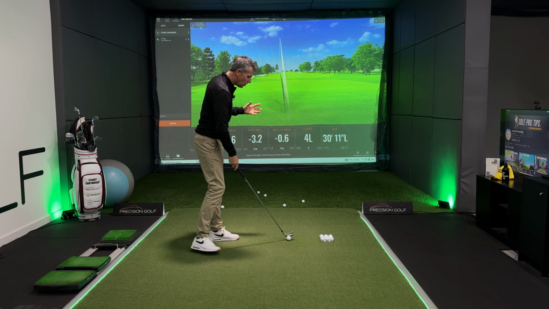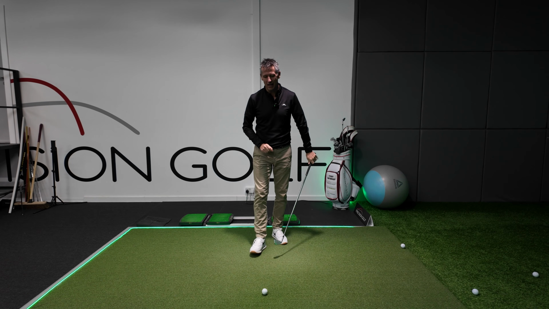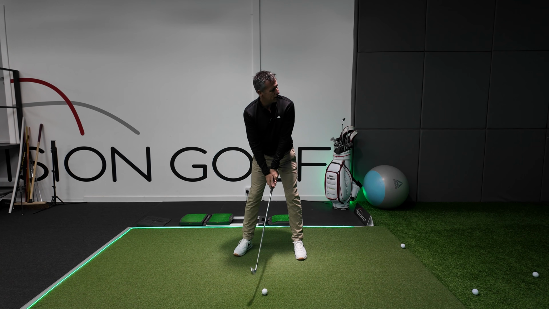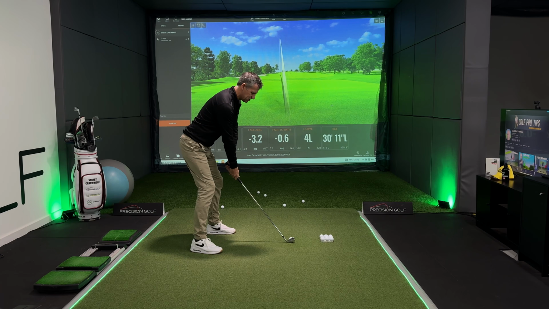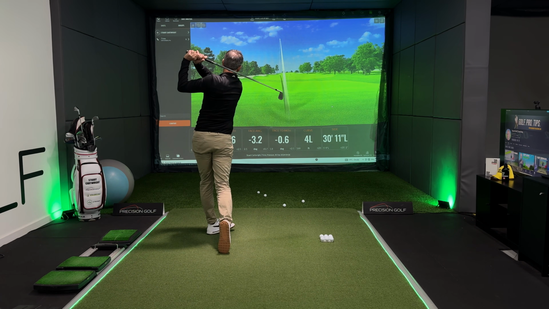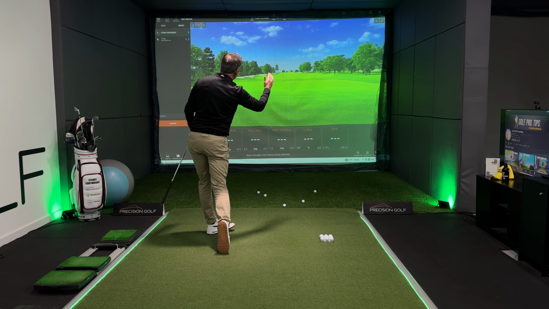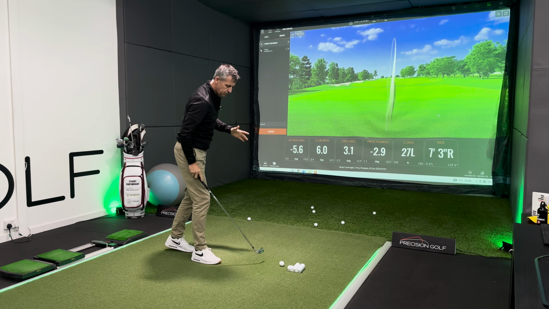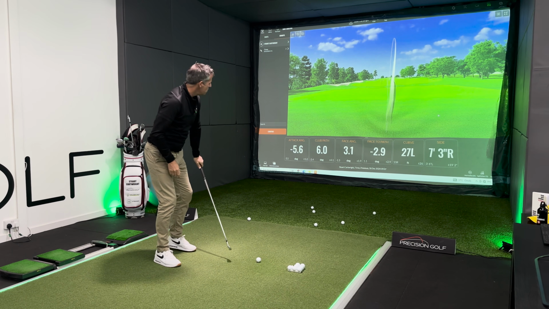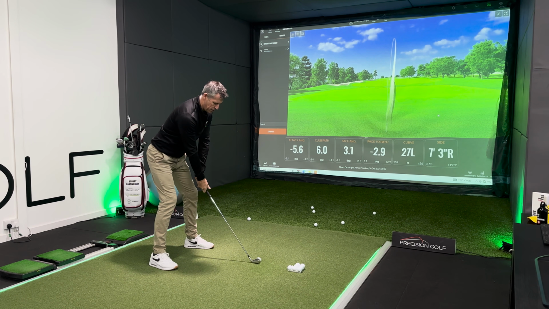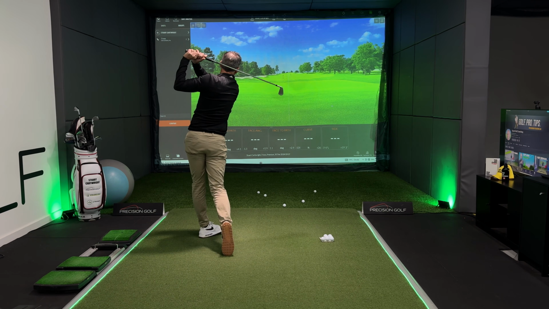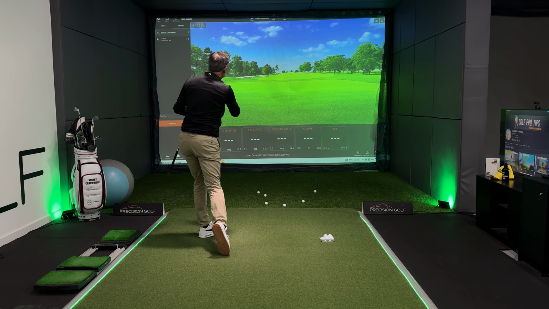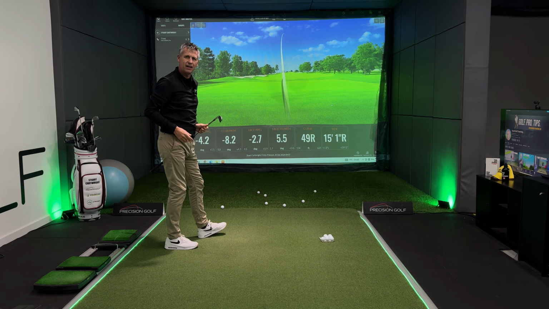But once you've got your face to path in your pocket, then the amount that your face to path is either positive or negative will then dictate how much you either aim to the right to draw it back or aim up the left to fade it back. Being able to master your face to path value is all we're after. It's about controlling the shape in the sky.